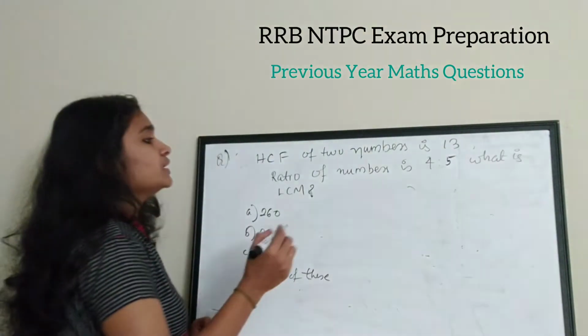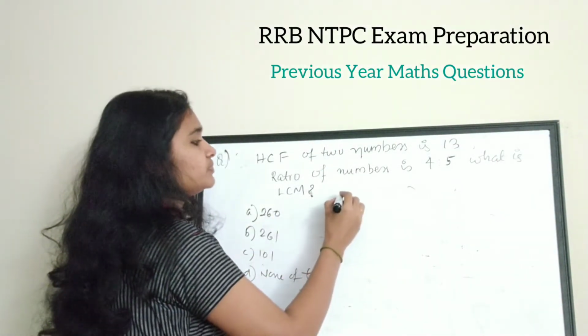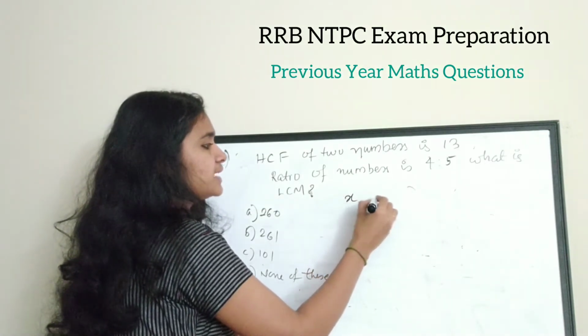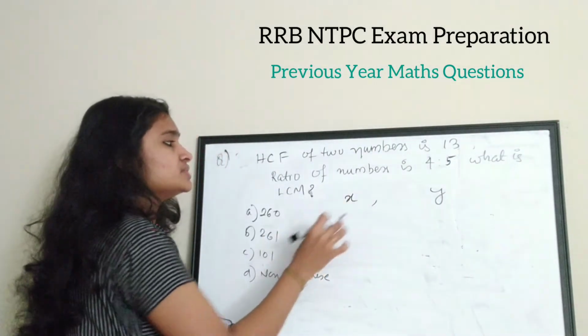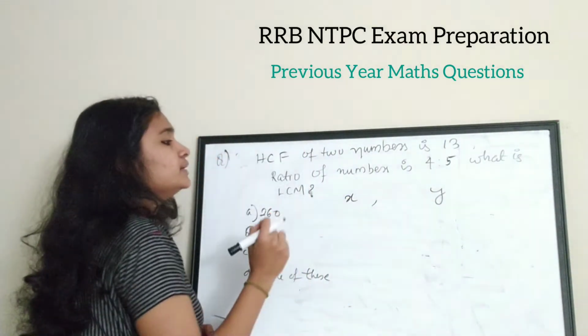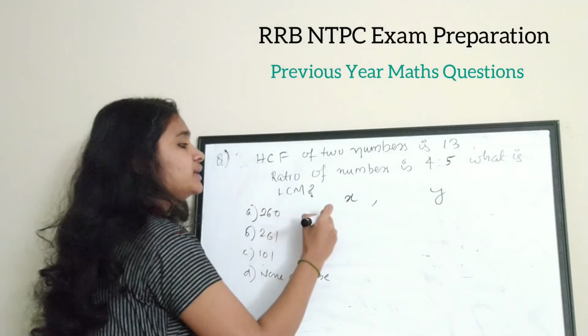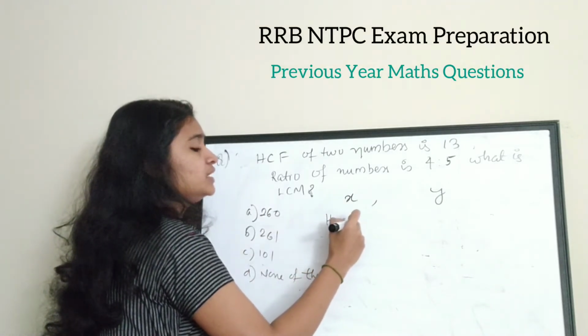Let us say the numbers are X and Y. I don't know anything about the numbers, I'm just assuming the numbers are X and Y. And I know one thing, that my HCF is equal to 13.